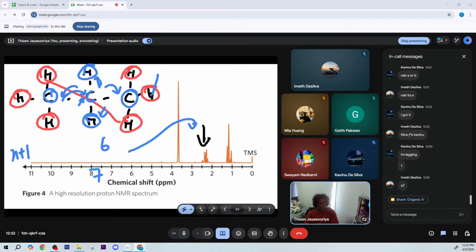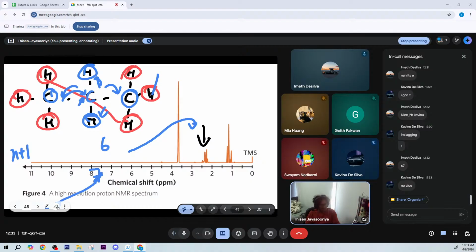What do you guys have? How many splits do you think the red hydrogens will have? No one? No clue. It's gonna be 3, yeah?